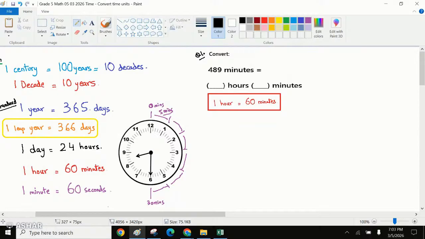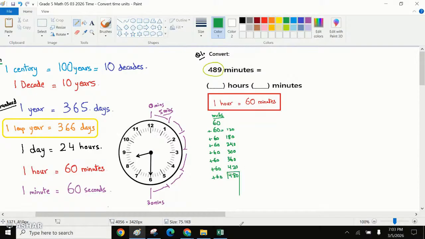If we want to do it the lengthy way, we can say 60 plus 60 is 120, plus 60, 180, plus 60, 240, plus 60, 300, plus 60, 360, plus 60, 420, plus 60 is 480.